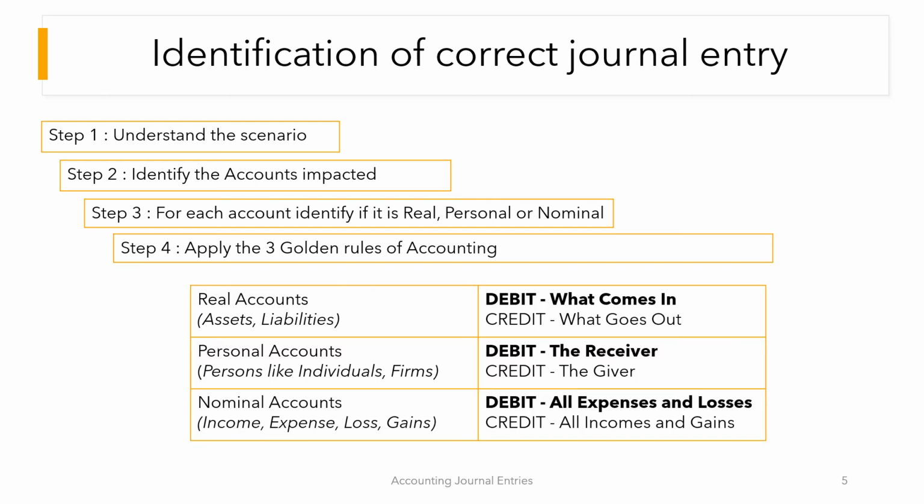So just to refresh our memories on the three golden rules of accounting. If it is a real account, you will debit what comes in and credit what goes out. If it is a personal account, you will debit the receiver and credit the giver. And if it is a nominal account, you will debit all expenses and losses and credit all incomes and gains.